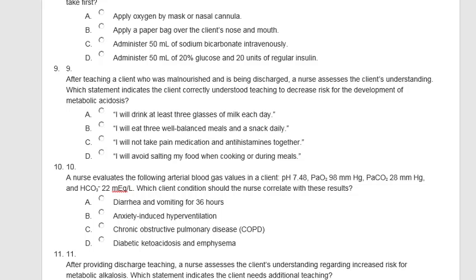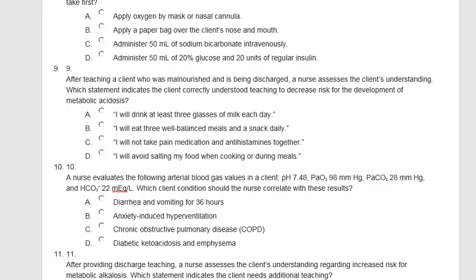Drinking 3 glasses of milk each day? It's not really going to help. Eating 3 well-balanced meals and snack daily? That one sounds pretty good, right? That's what you'd tell anybody. I will not take pain medication and antihistamines together. Not really going to make a difference. I will avoid salting my food when cooking or during meals. That doesn't make a difference either. The only answer is B.